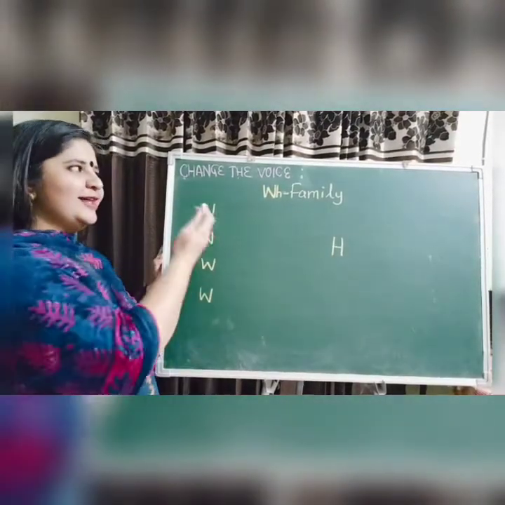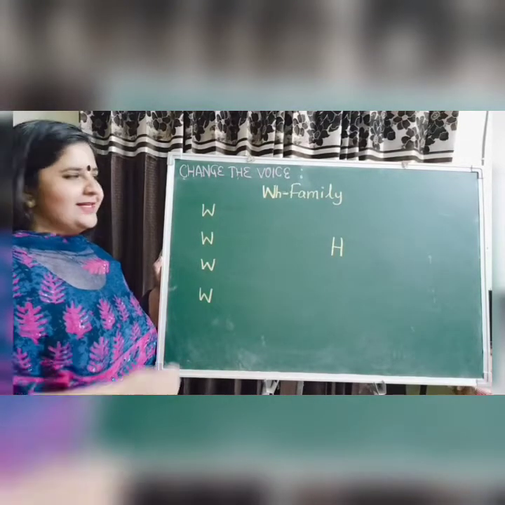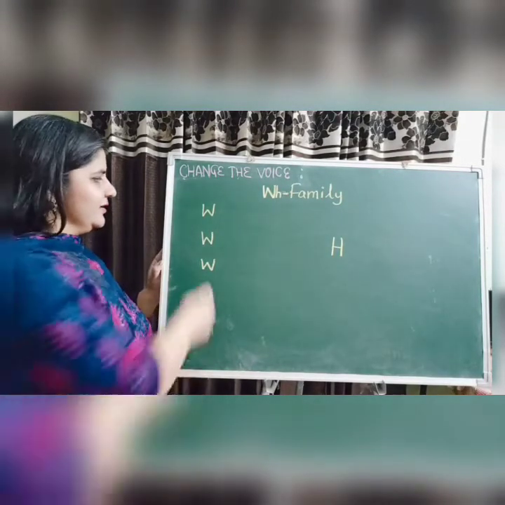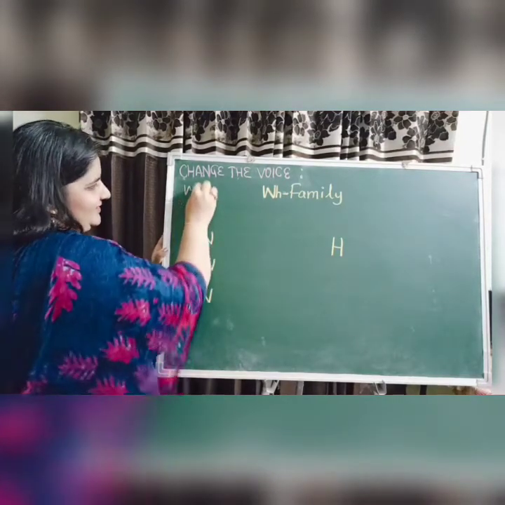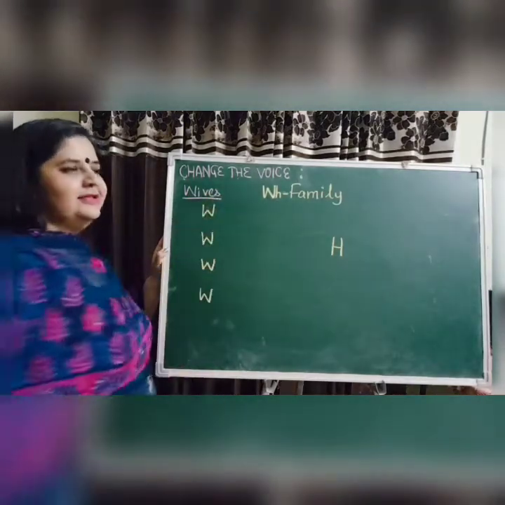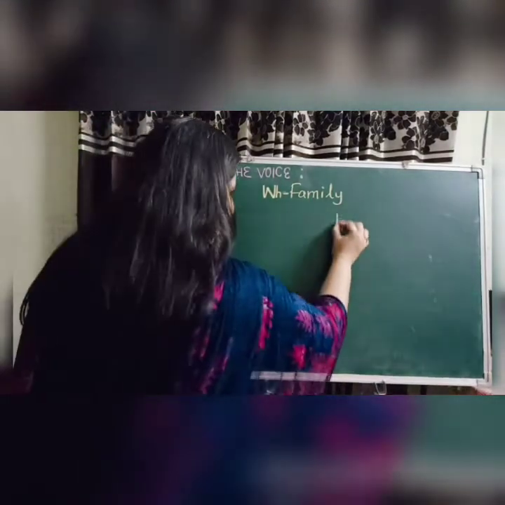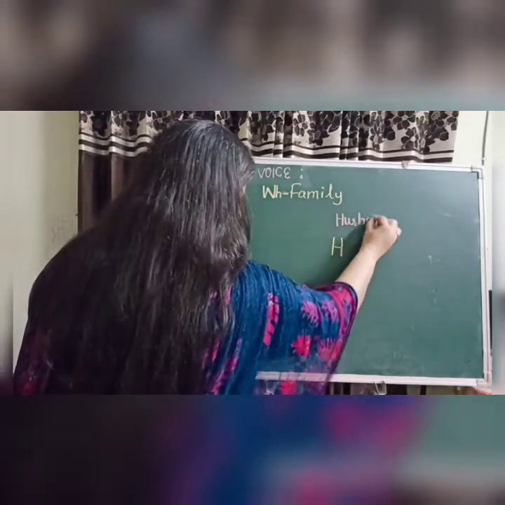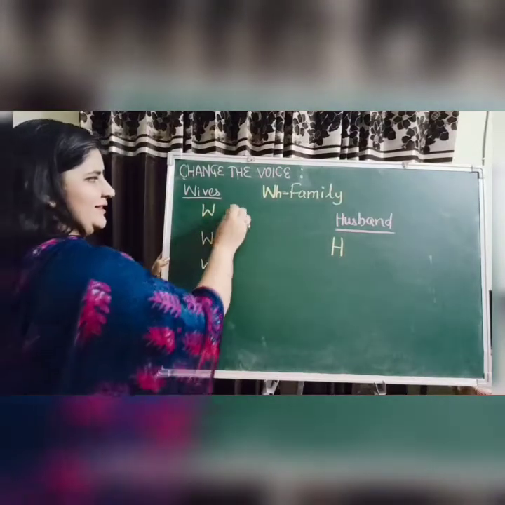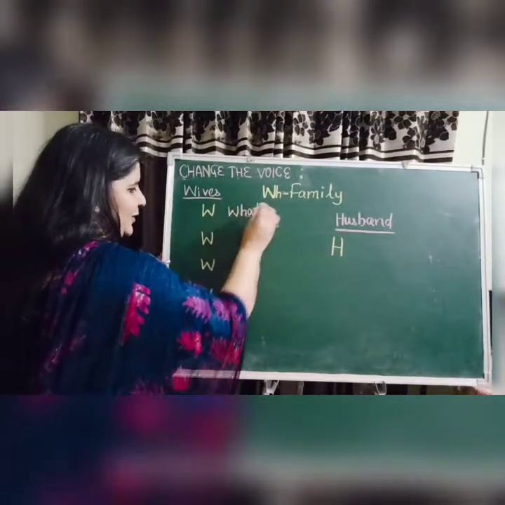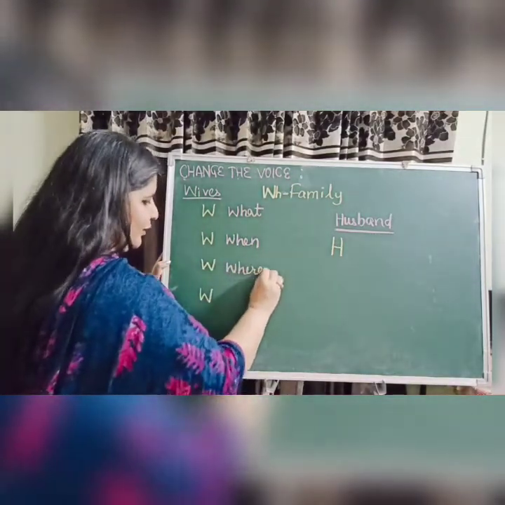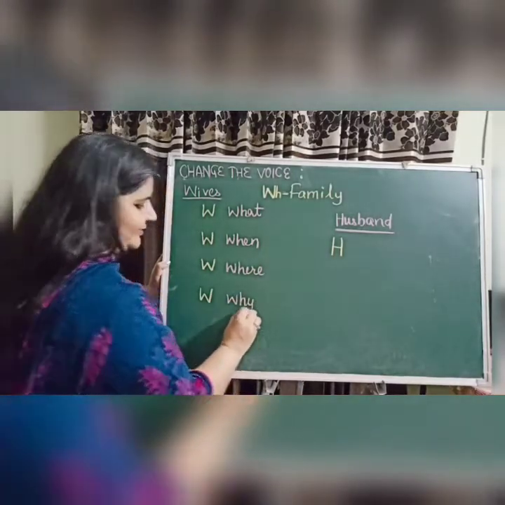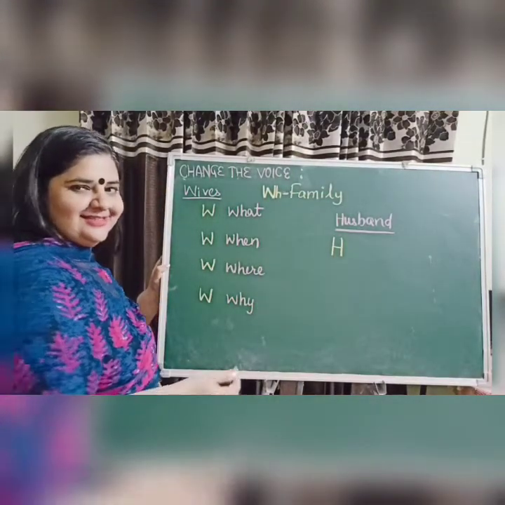Students, let's meet WH family now. WH family, what is that? We have 4 wives and 1 husband in this family. Four wives are what, when, where, why, and who is the husband, you can guess?